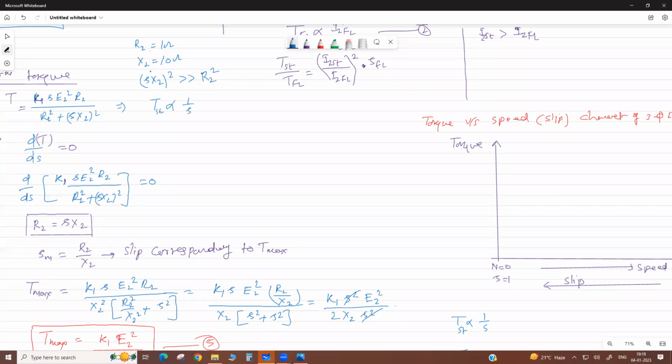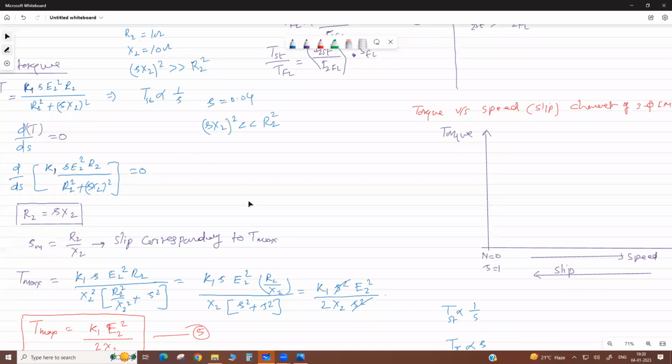Under running condition, when your slip is 4%, the full load slip, then slip times X2 squared becomes less than R2 squared, so this will be neglected. When this is neglected, the torque is directly proportional to slip. Just remember these two things.